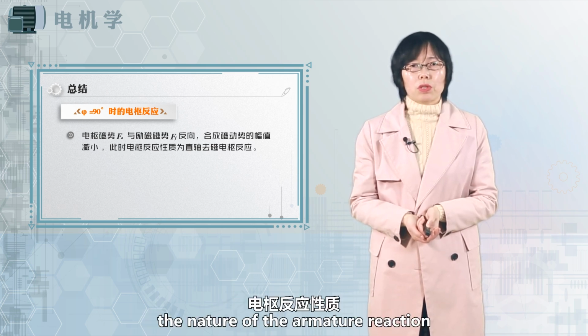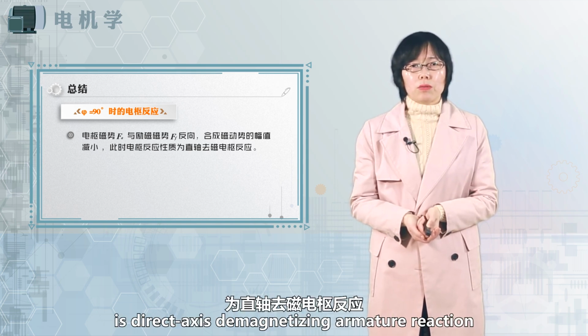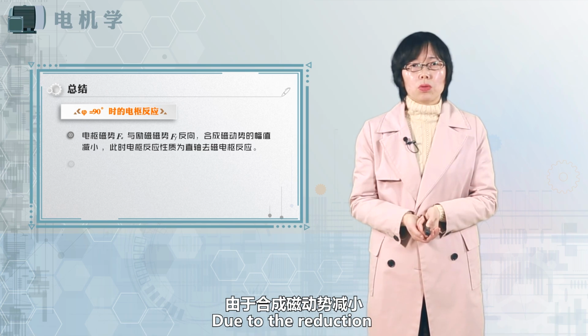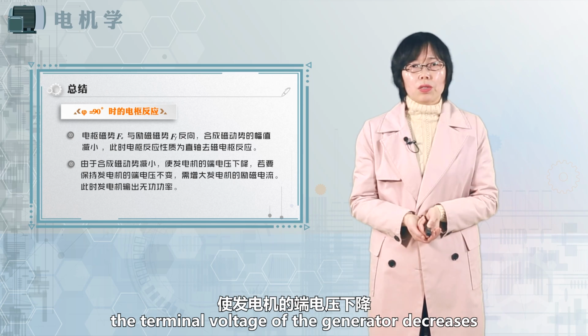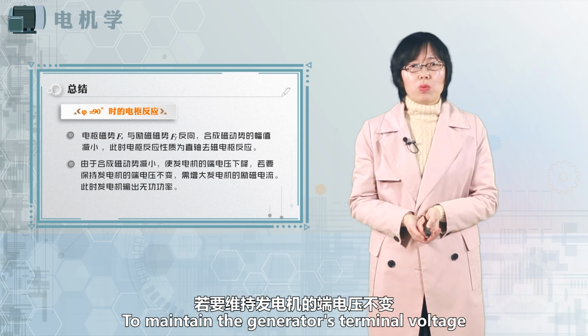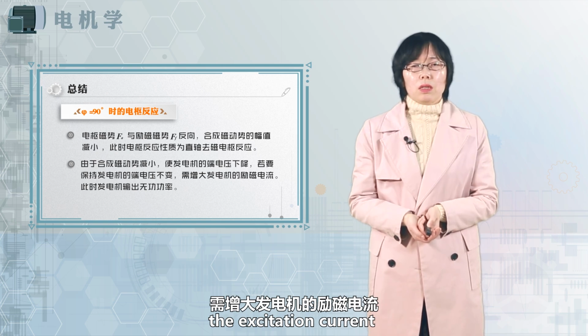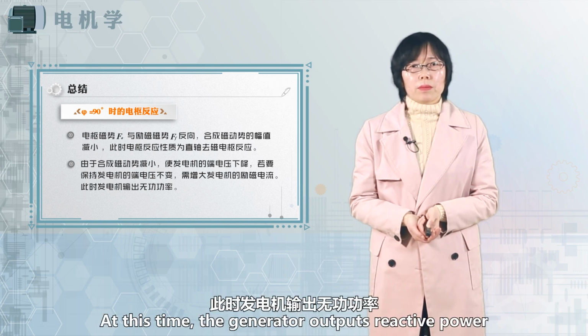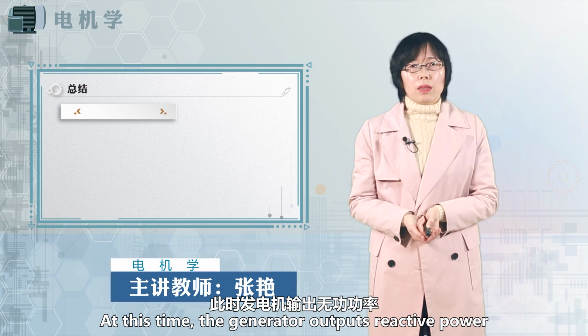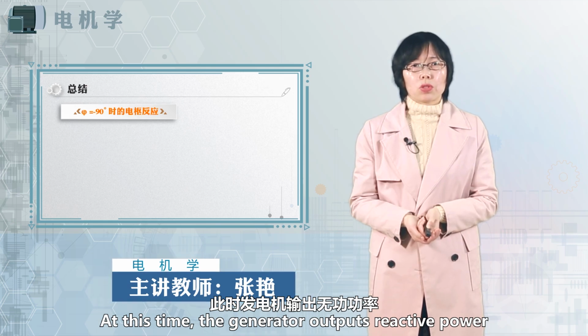At this time, the nature of the armature reaction is direct axis demagnetizing armature reaction. Due to the reduction in the combined magnetomotive force, the terminal voltage of the generator decreases. To maintain the generator's terminal voltage, the excitation current of the generator must be increased. At this time, the generator outputs reactive power.